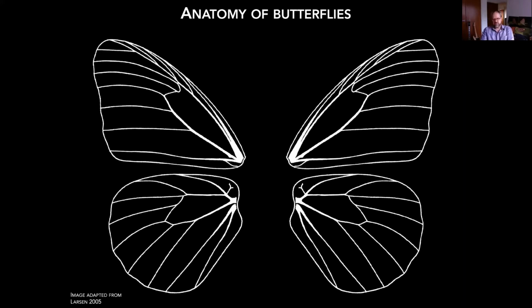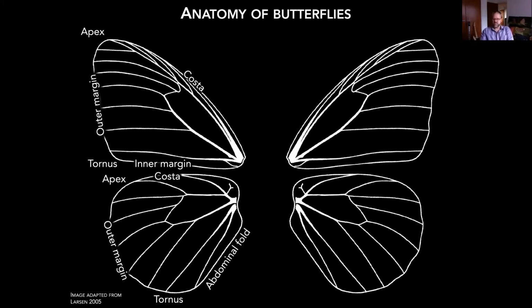And with butterfly wings, you also have different ways to do this. You have different ways of describing the edges of the wings, the margins and the edges, the same for the hind wing. And then each of these wing veins can be named and numbered in different ways, and also all the spaces in between.